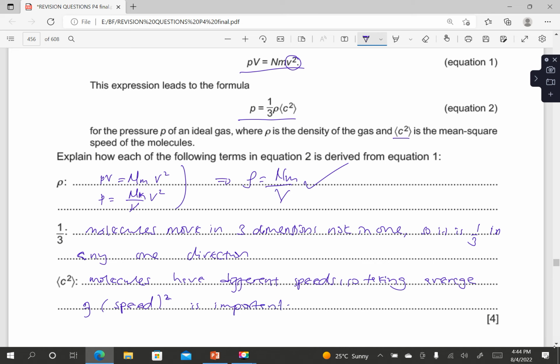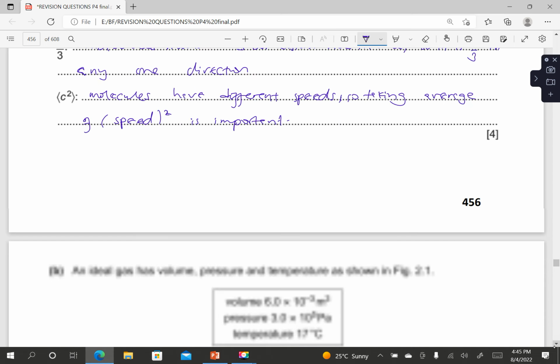Because the molecules have different speeds, a wide range of speeds, we take the average of the speed squared rather than just considering the speed of one molecule. Okay, next.